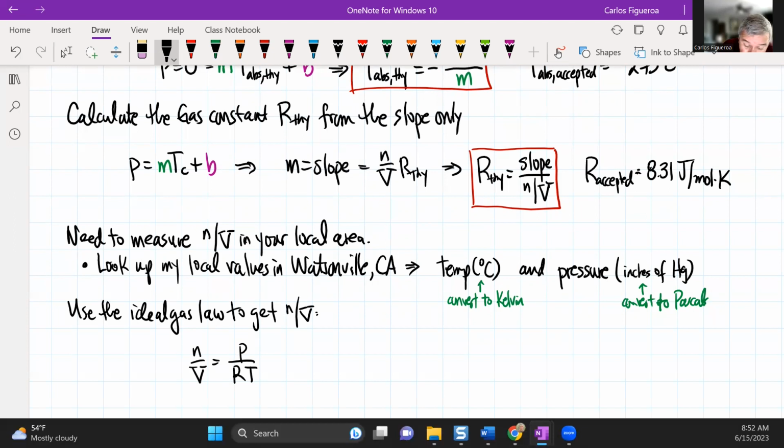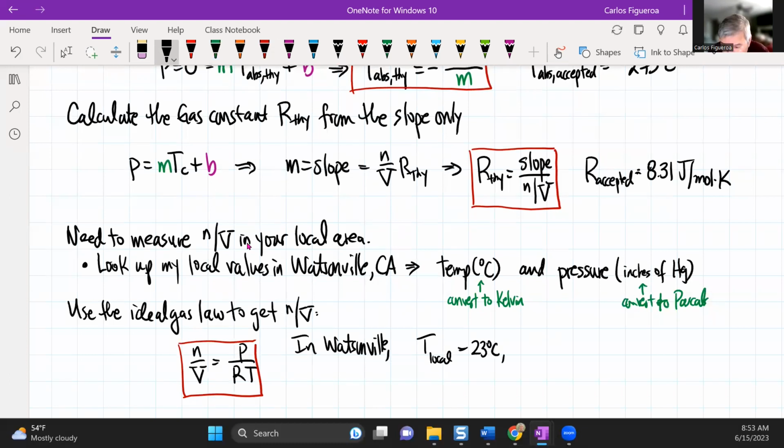In my local area, in Watsonville, my local temperature was 23 degrees C. My local pressure turned out to be 30.1 inches of mercury, which I immediately converted to pascals.